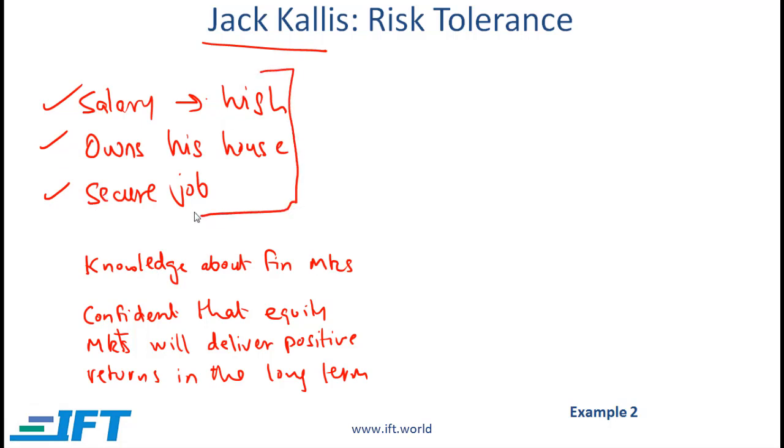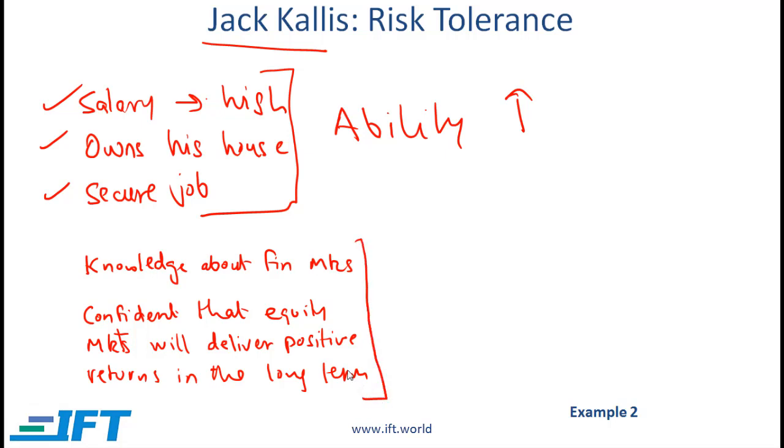Based on this information, which is objective, you can tell that his ability to take risk is relatively high. You also find out that he knows a fair amount about financial markets. He is confident that equity markets will deliver positive returns in the long term.